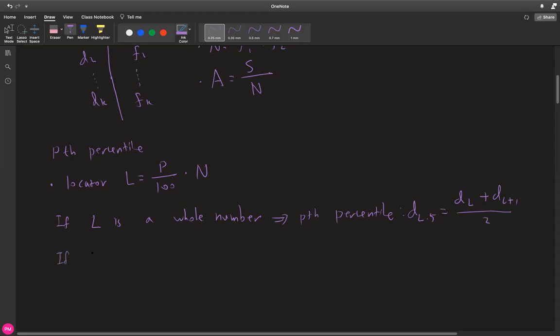And if L is not a whole number, then the pth percentile is D_L, using the value that's rounded up.